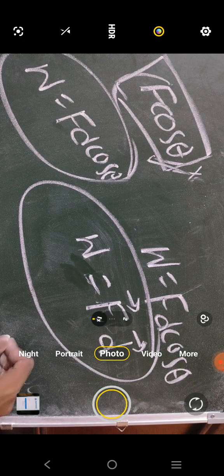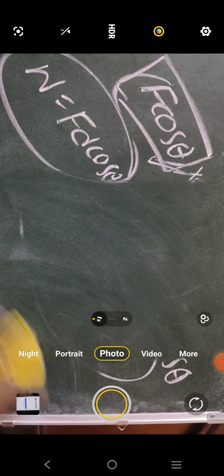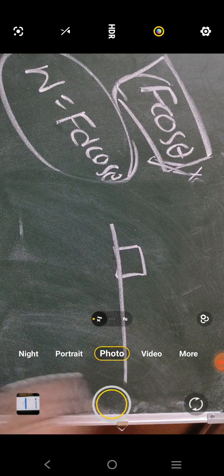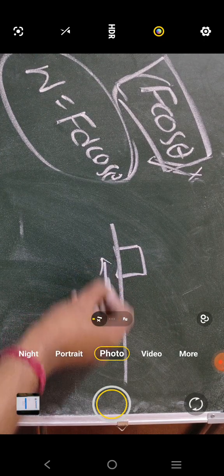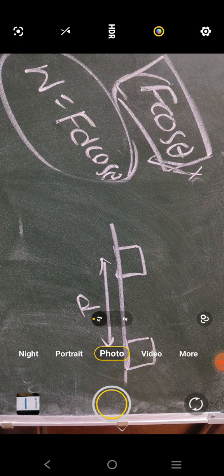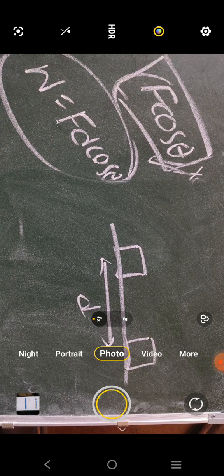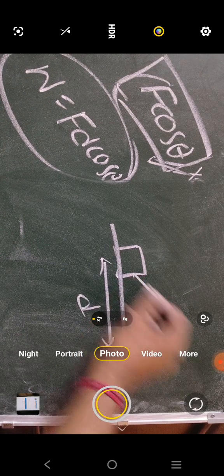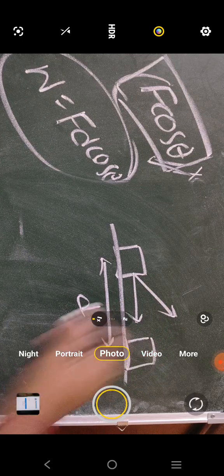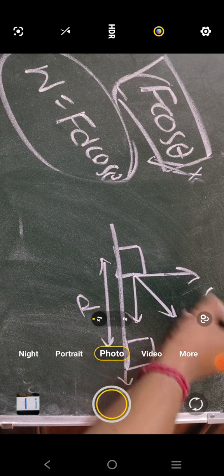Suppose an object is there and you are displacing it along this direction, so the displacement is d. The force has two components, along the x-axis and along the y-axis, in 2D.